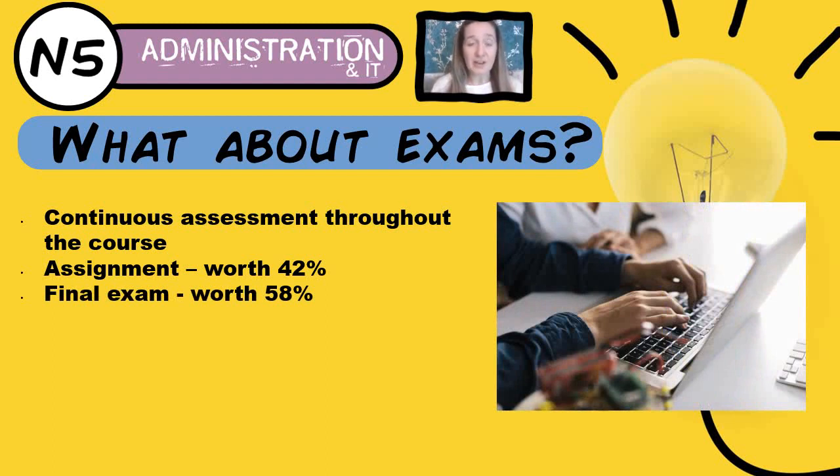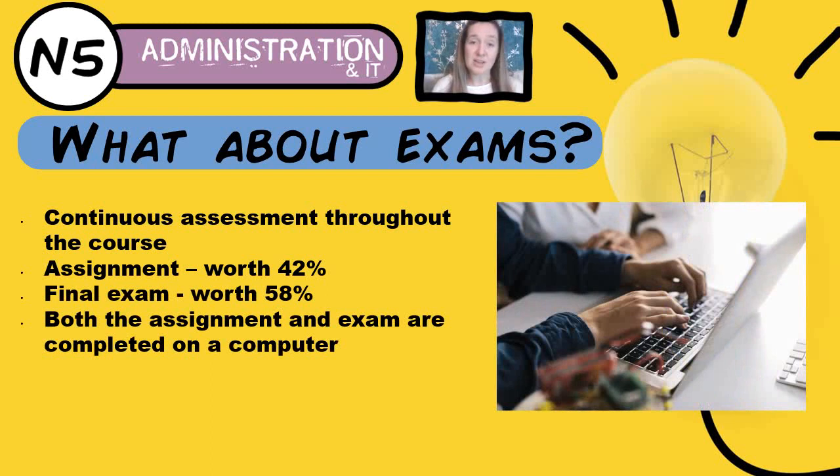You will then have a final exam worth 58%, and both the assignment and the exam are completed on a computer. So if you are someone that maybe doesn't enjoy handwriting, maybe they have messy writing, you don't need to worry about it in this subject. We are completing all our examinations on a computer.